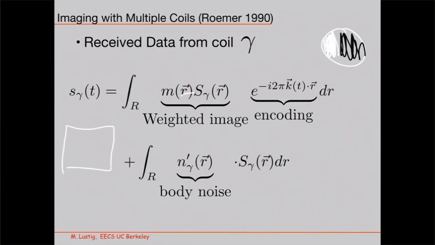At a particular time, T0, I'm going to collect this sample in K-space. At time T0, I collected this K-space line. I'm also collecting noise at the same time. So this K-space line is corrupted by noise. And this is the noise.